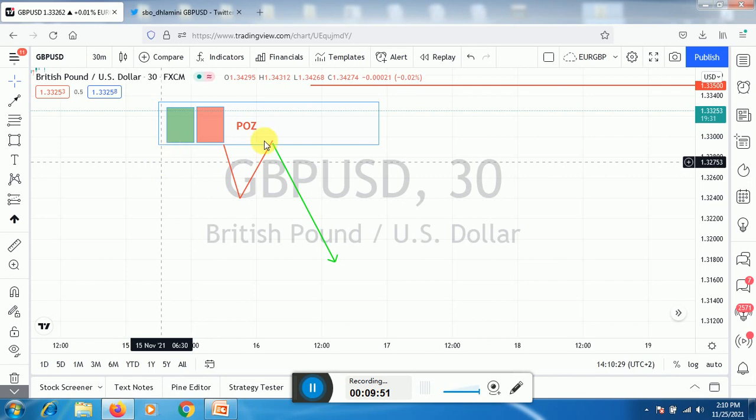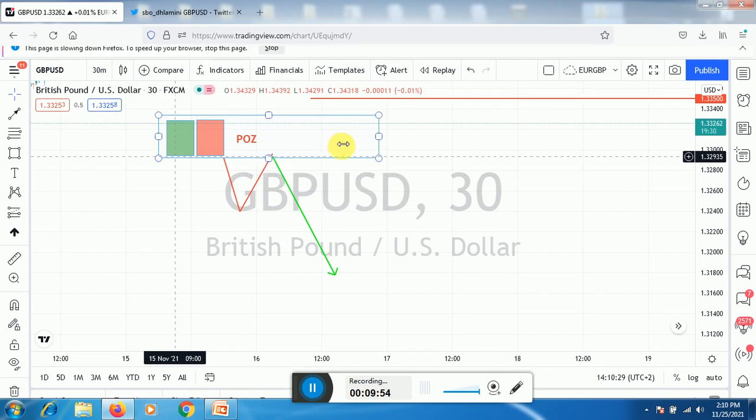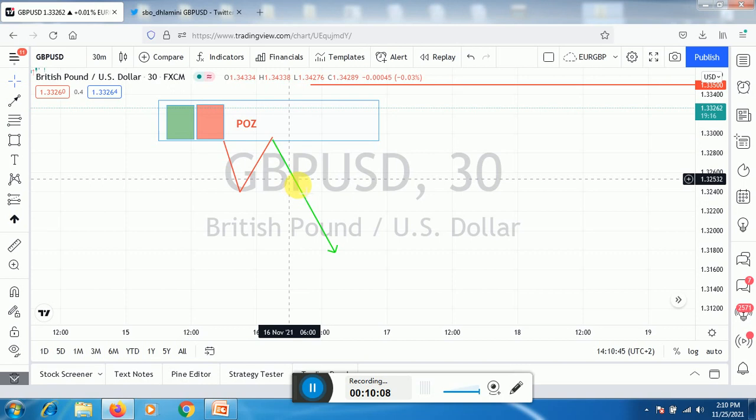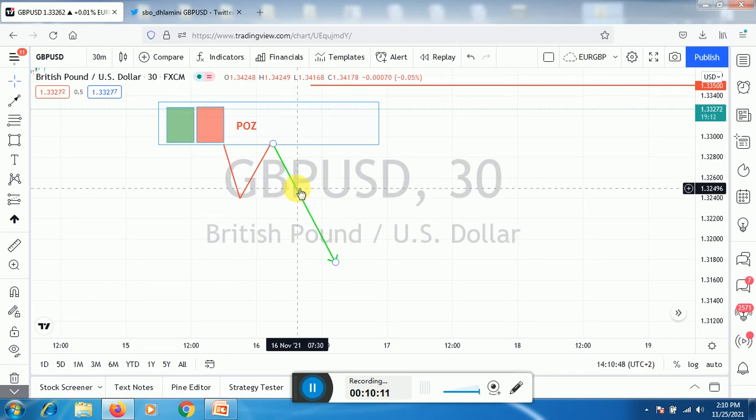So let us remove everything that is here. Okay, sometimes guys, TradingView does this thing. It just becomes slow for no reason, so it's better to just wait on it.